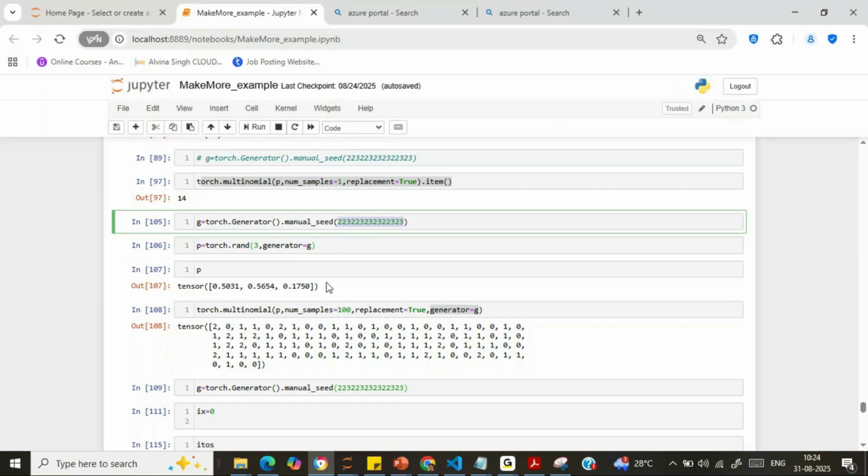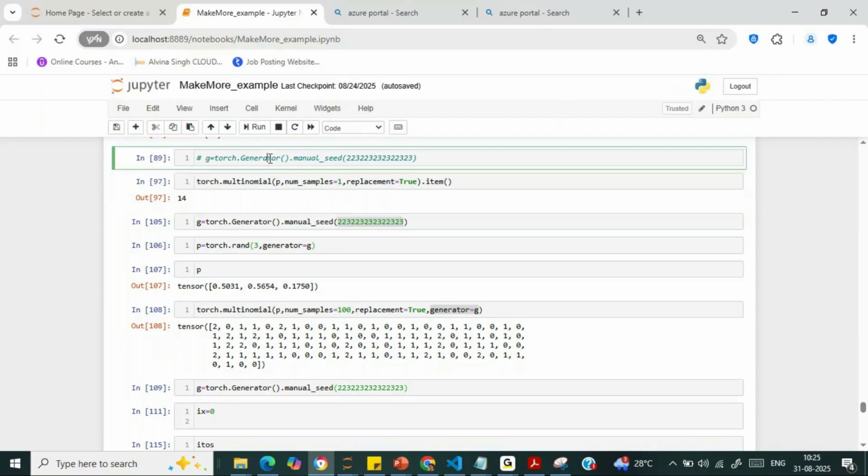If I'm not fixing the seed, then for the same input it will provide me a different output. But with the generator, this particular seed, for the same input the output will not be changed. So this is the functionality of the seed.